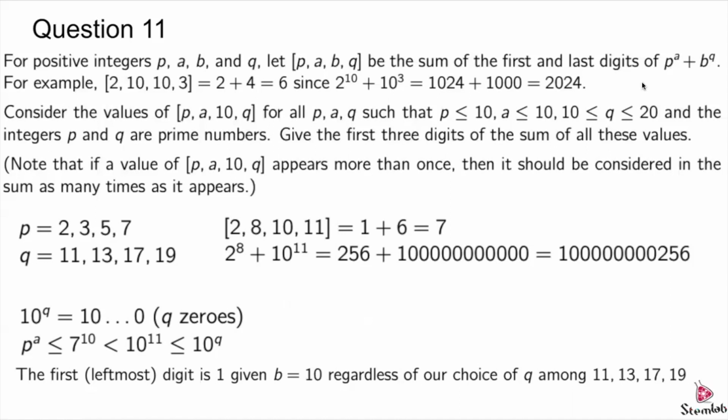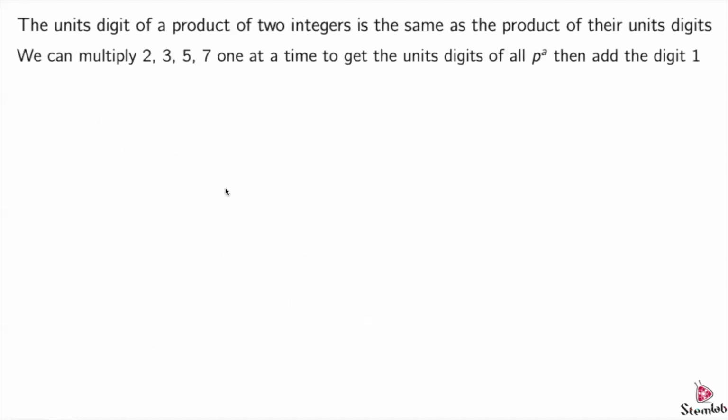And we just need to cycle through the different values of Q. The units digit of a product of 2 numbers is basically the product of their units digits, if we are only worried about finding the units digit. So we can start raising 2 to some power and 3 to some power, one at a time, and find P to the A.